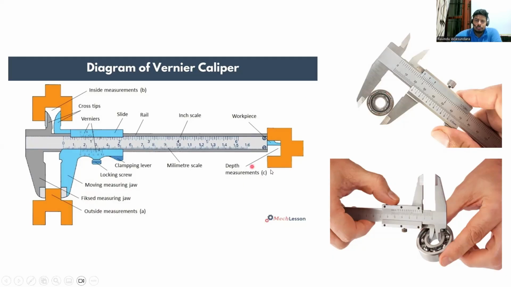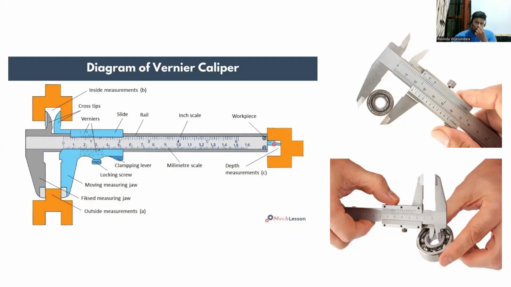And if you see in the diagram, there's a small part we call the depth measuring pin. This blue color part is actually internally connected to this pin. In the real life vernier caliper, I will show you clearly.